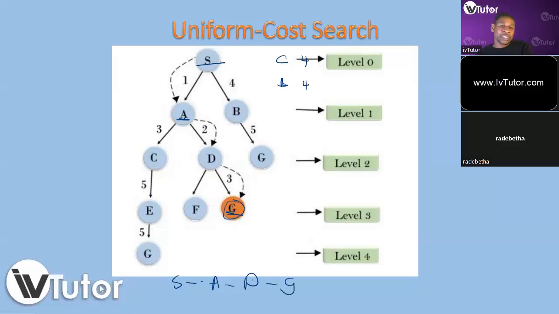So it is going to test for goal upon generation. When a state is generated, that's when it is goal tested, whether or not it is the goal for this specific strategy. Right. So that is how it works.